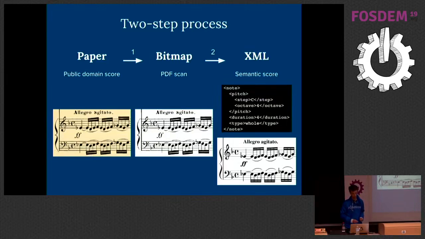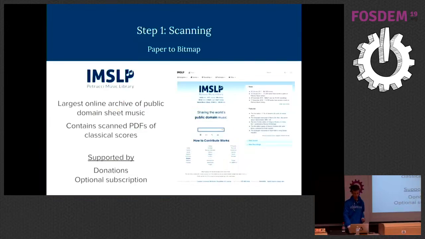You want something that you can actually interact with. We want to get musical source code. So the next step is to convert it into an XML format so that you get a semantic score, something that renders with nice crisp lines, and that you can use to render audio as well, so you can actually listen to the score.